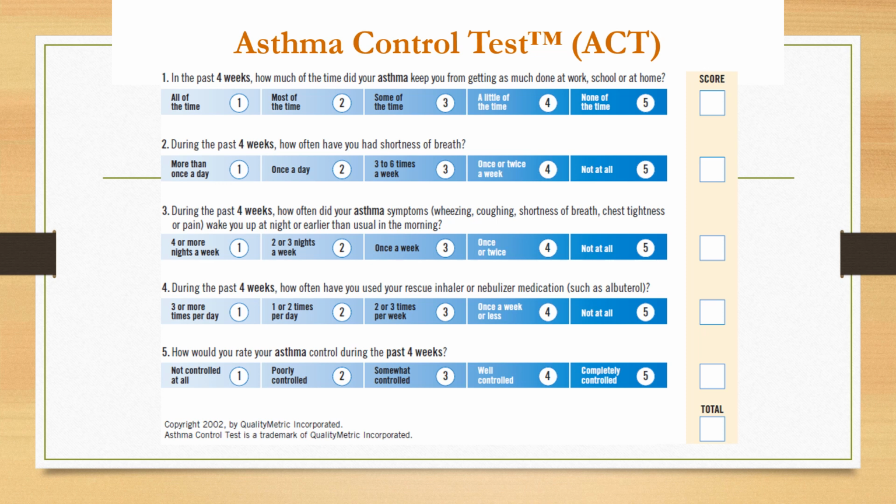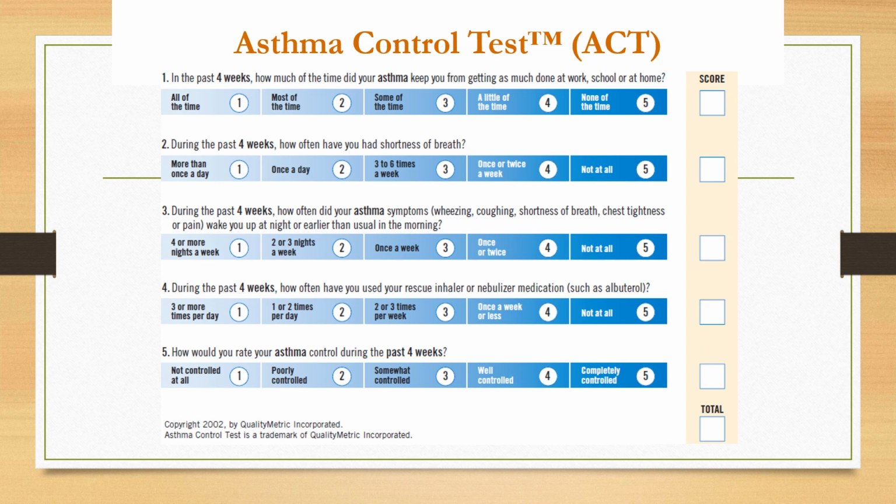But if your answer for question number 1 is number 2, you put 2 in the score. Then during the past 4 weeks, how often did you have shortness of breath? If you said not at all, with a number 5, that would be your best response. And if you say once a day, that would be number 2, so you would put a 2.